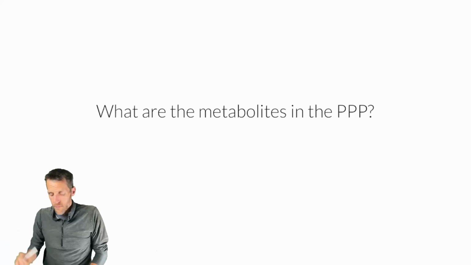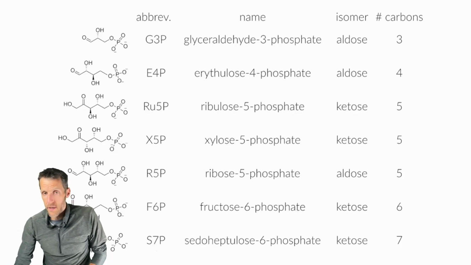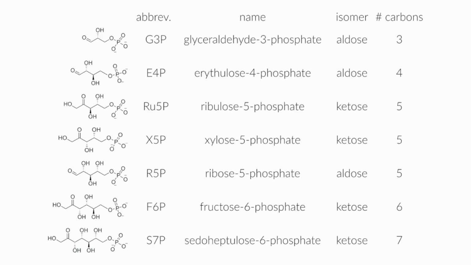So what are those metabolites? Let's show these here. There's a lot of them. These are the molecules that I've shown in written form. So we've got G3P, E4P, Ru5P, X5P, R5P, F6P, and S7P. Lots of things. You might be saying, well, what are some patterns?